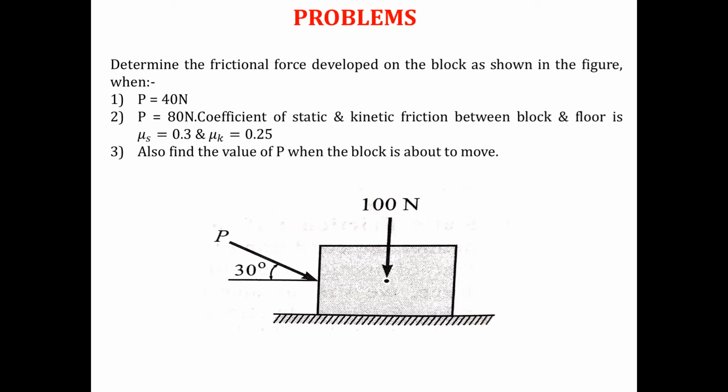When the value of P is 40 Newton, I need to find the frictional force. When the value of P is 80 Newton, you need to find the frictional force. The coefficients of static and kinetic friction are given, and lastly you need to find the value of force P when the block is about to move. About to move means the impending condition.